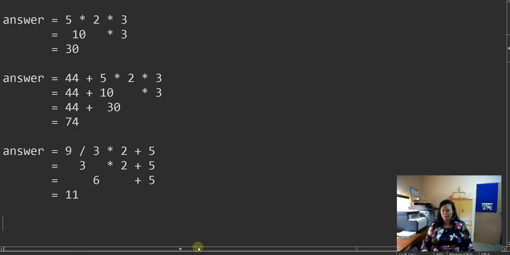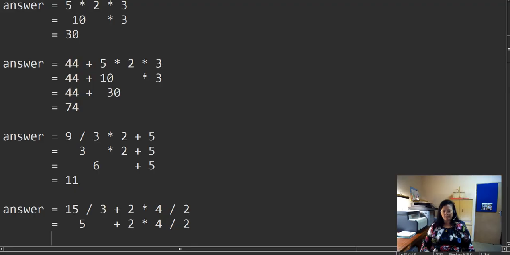Let's just go with one more exercise like that. Let's go with 15 divided by 3 plus 2 multiplied by 4 divided by 2. Okay, so what will we do first? Multiplication and division from left to right. So first of all, I've got 15 divided by 3. I get 5, and the rest of the line follows suit.